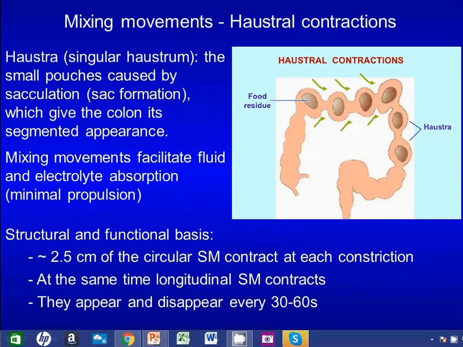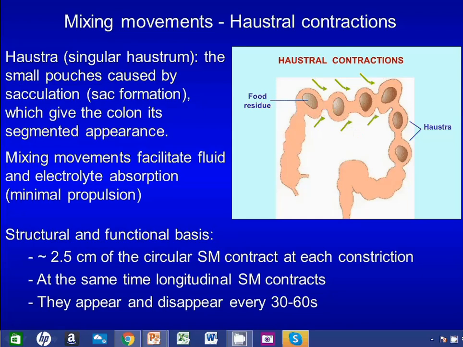Each haustrum is a small pouch caused by circular contraction, which gives the colon a segmented appearance. To form pouches, circular smooth muscle at intervals of 2.5 cm contracts at each constriction.